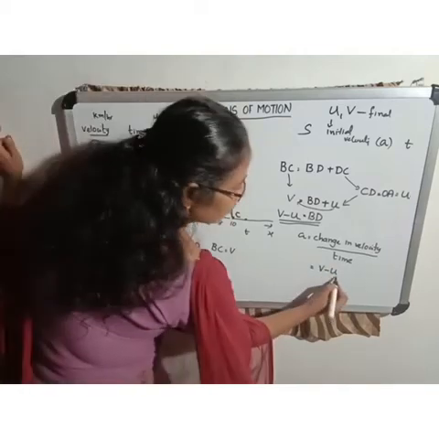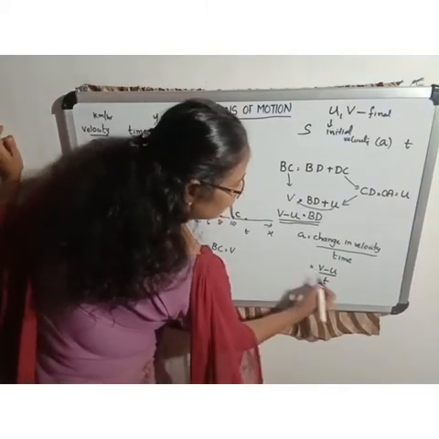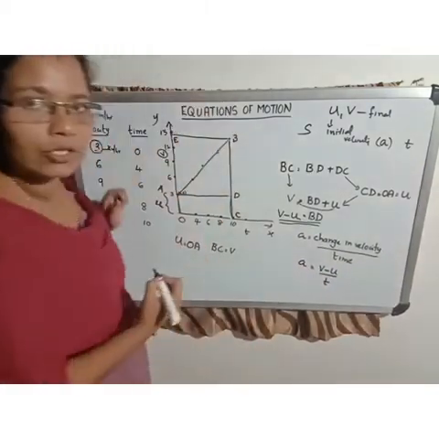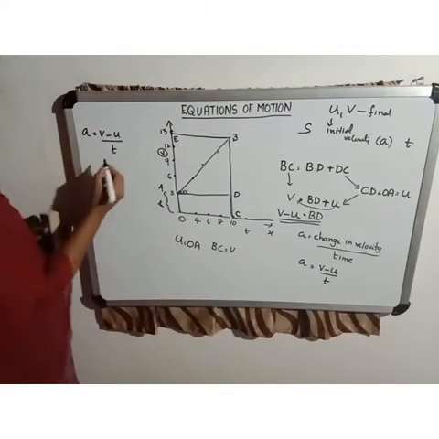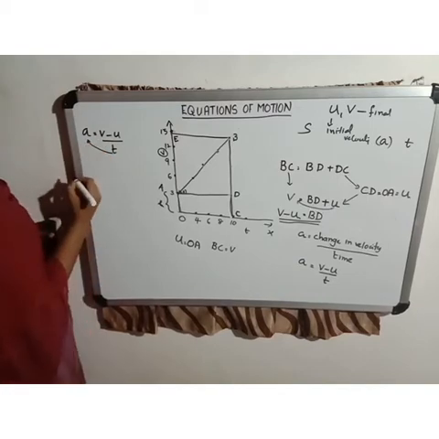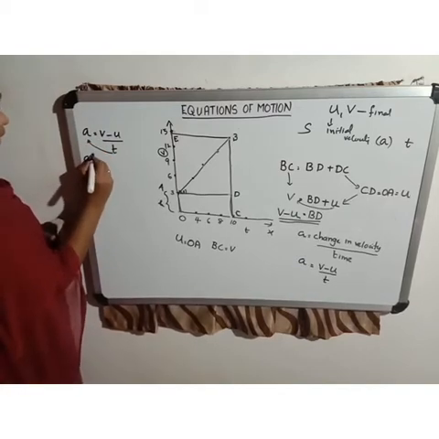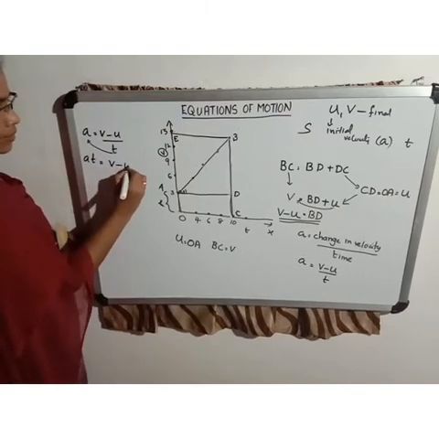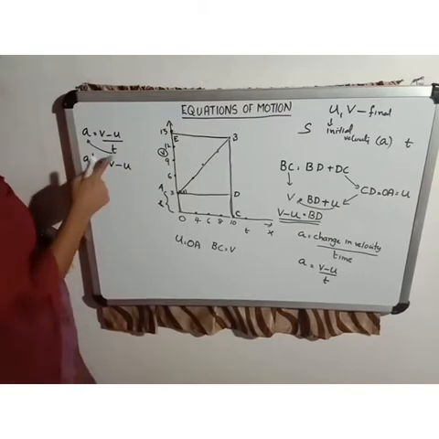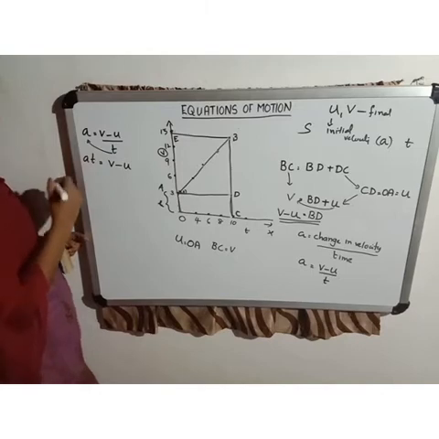So V minus U by t is the acceleration. If t comes to this side, what happens? At is equal to V minus U. Am I right? At is equal to V minus U.